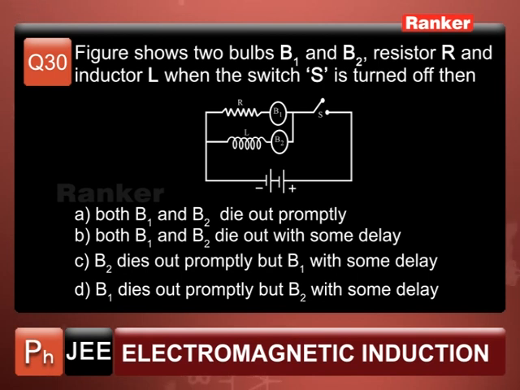Second option: both B1 and B2 die out with some delay, slowly. Third option: B2 dies out promptly and B1 with some delay. And fourth option: B1 dies out promptly and B2 with some delay.